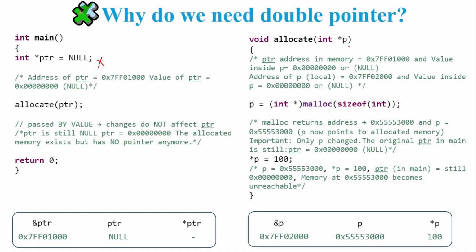In such cases, we must pass a double pointer as the function argument. By passing the address of the original pointer, the function gains the ability to modify the pointer's value, and any change applied through *p becomes visible in the calling function. Please see the example below.